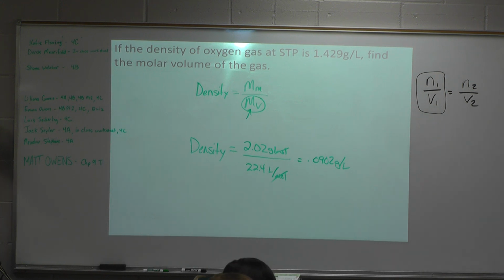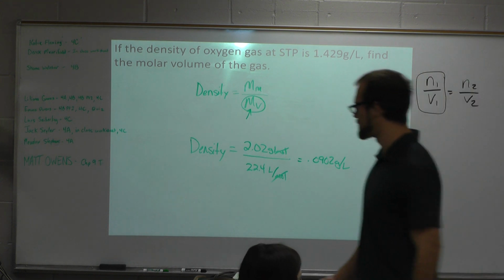It's actually 32. I did 32, and I got this. Your 32 divided by 1.429. All right, I don't know why we're so confused.